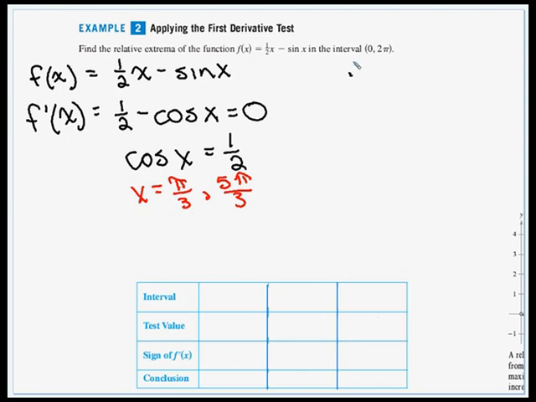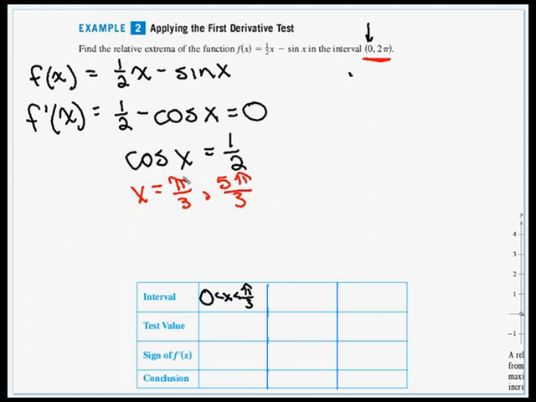We're not going from negative to positive infinity. We're just going from 0 to 2 pi. So we're going to chop this interval up into 3 smaller pieces. Our first interval is going to go from the left endpoint 0 to the first critical number 1/3 pi, and all x's in between.